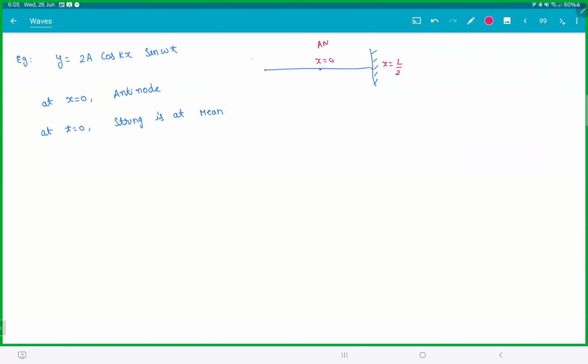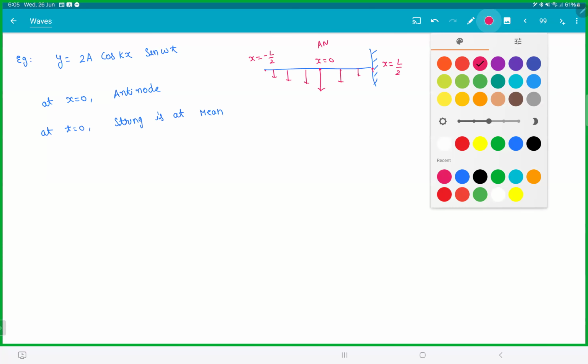L by 2. I'm taking fundamental only, yeah? One loop I'm taking. And if you look at the speeds here, this guy is the maximum. So the strings all are having maximum speed. So the string is flat.